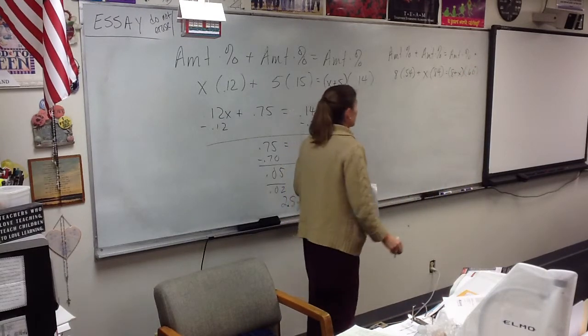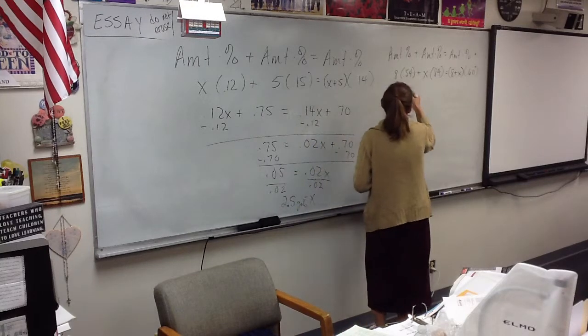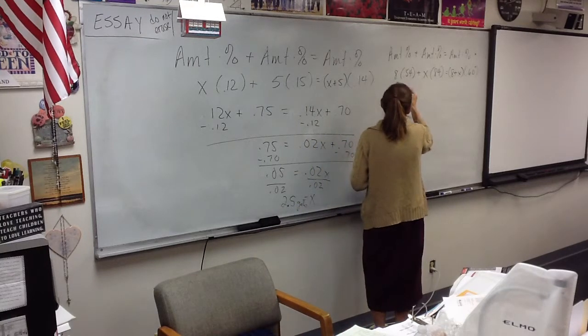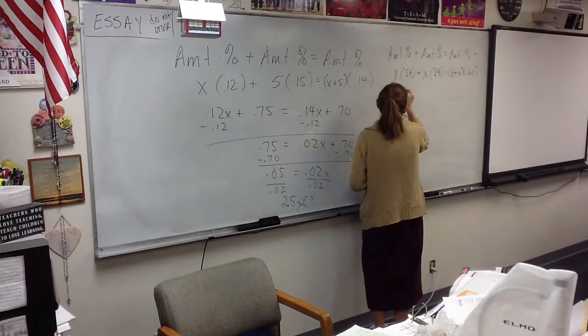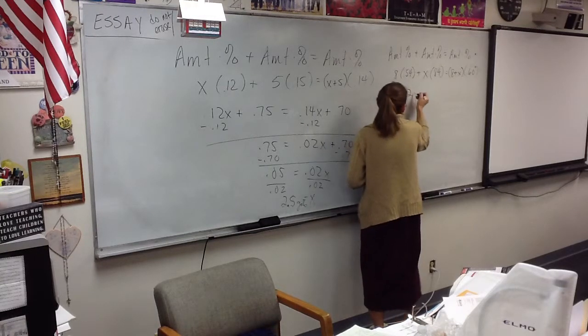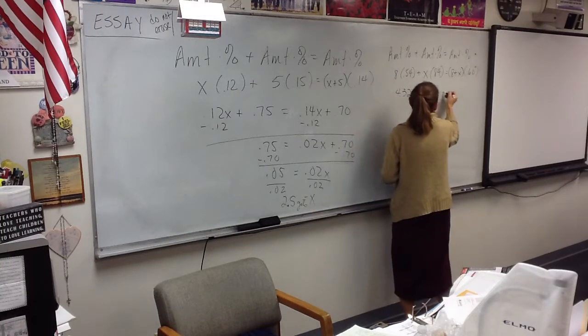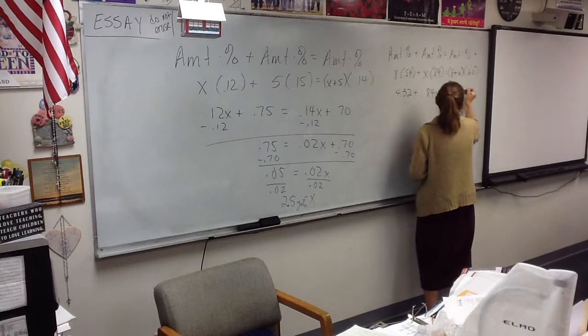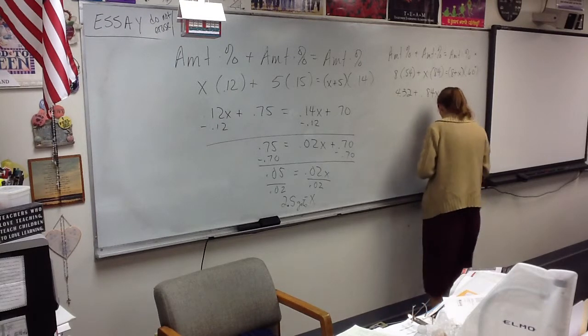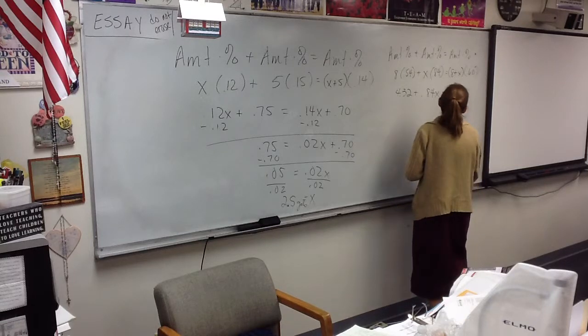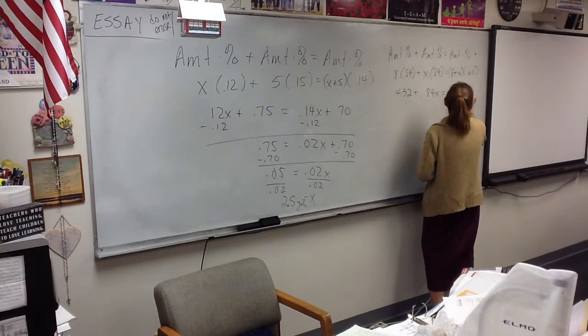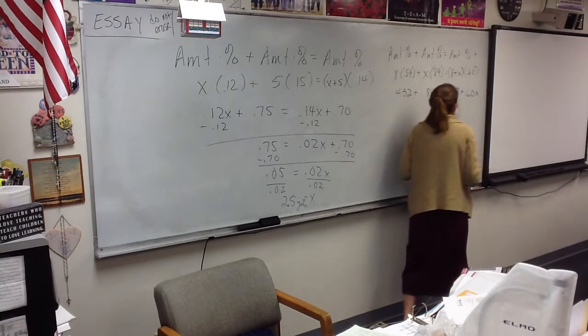Now I need your help with the calculator. What do I get here? 4.0. Thank you. Plus 0.84x equals 0.60x. Well, I'll do it in the right order. Is that 4.8 plus 0.60x?